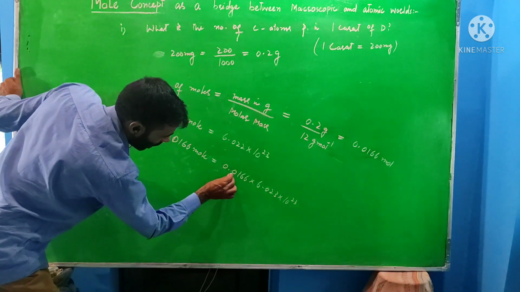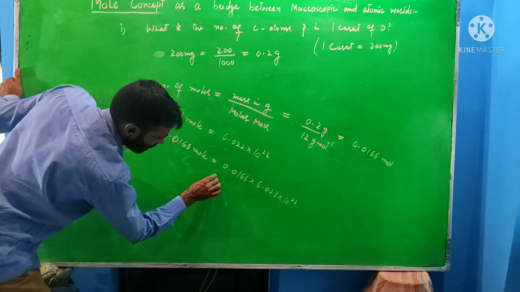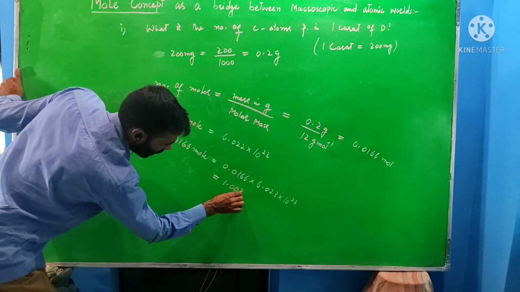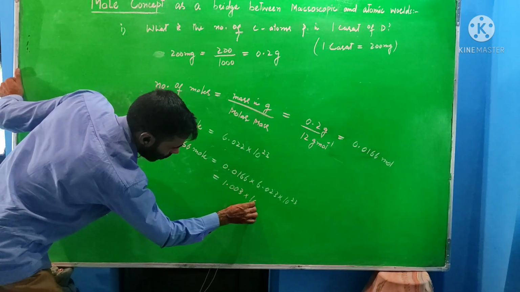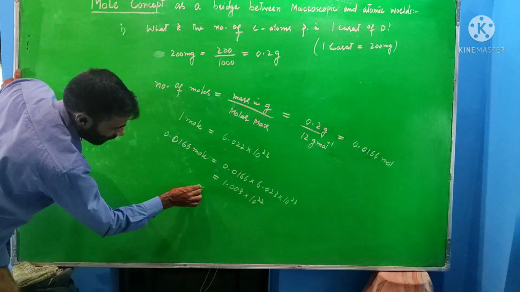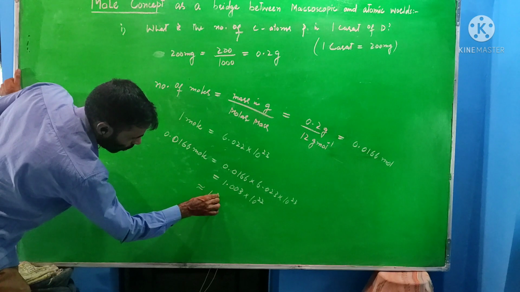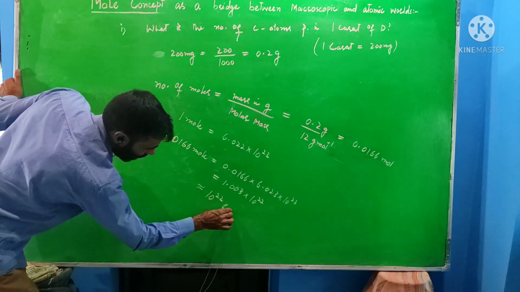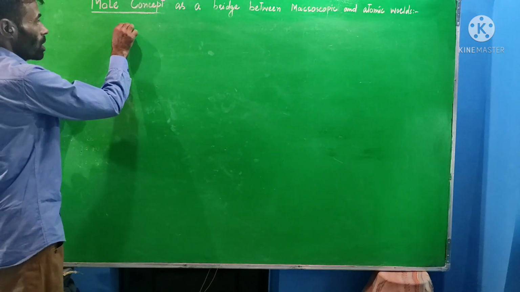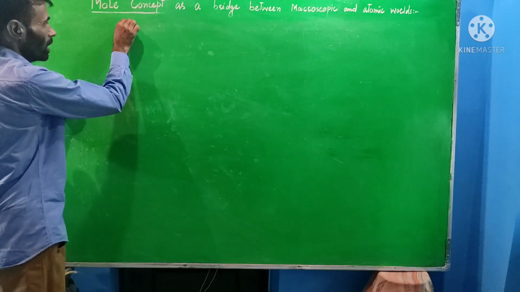Multiplying this by this, that is equal to 1.003 into 10 raised to power 22, meaning there are approximately 10 raised to power 22 carbon atoms present in 1 carat of diamond.